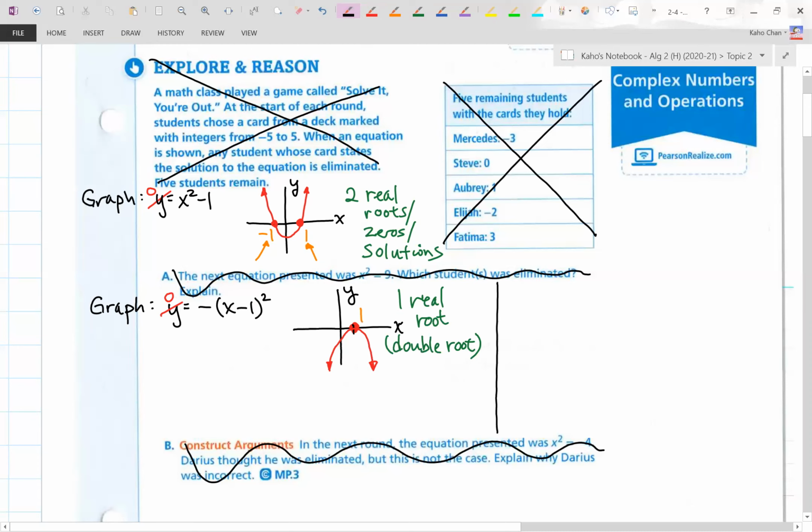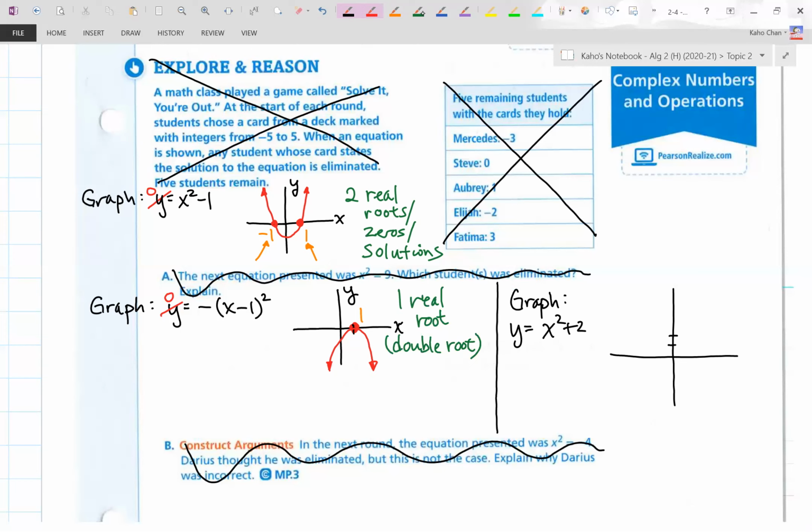And the third possibility is what happens if you want to try to graph this one? y equals x squared plus 2. It's kind of similar to the first example we just did, but this time instead of going down, I'm going to go up 2 units because of that k value with the parent graph.